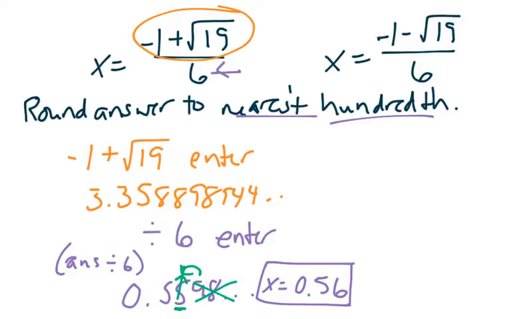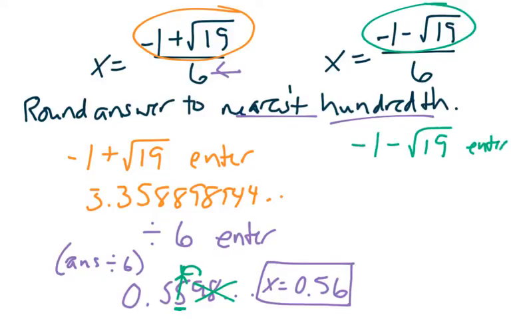We'll do the same thing with the other piece. We'll start with this top, and we'll type this part into our calculator first, and then hit enter. And you should get negative 5.35889, and it keeps going. And then without doing any clearing or anything, hit divide by 6.